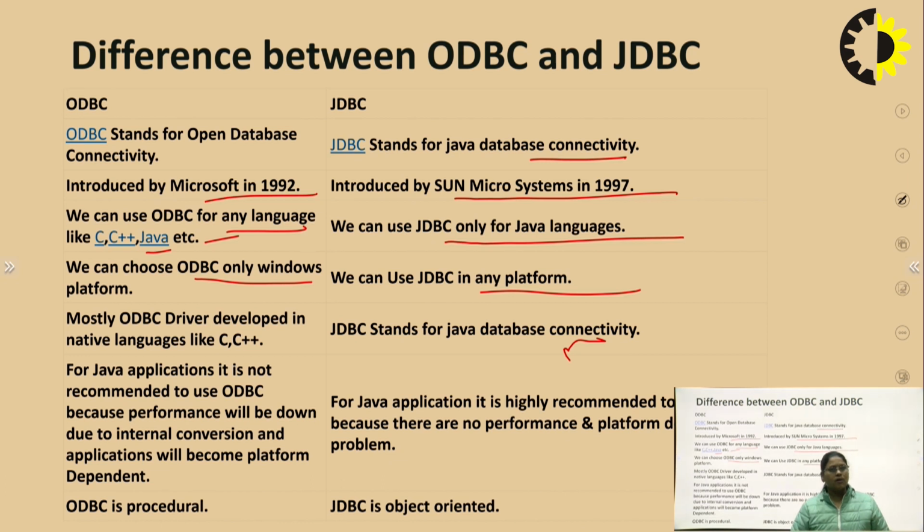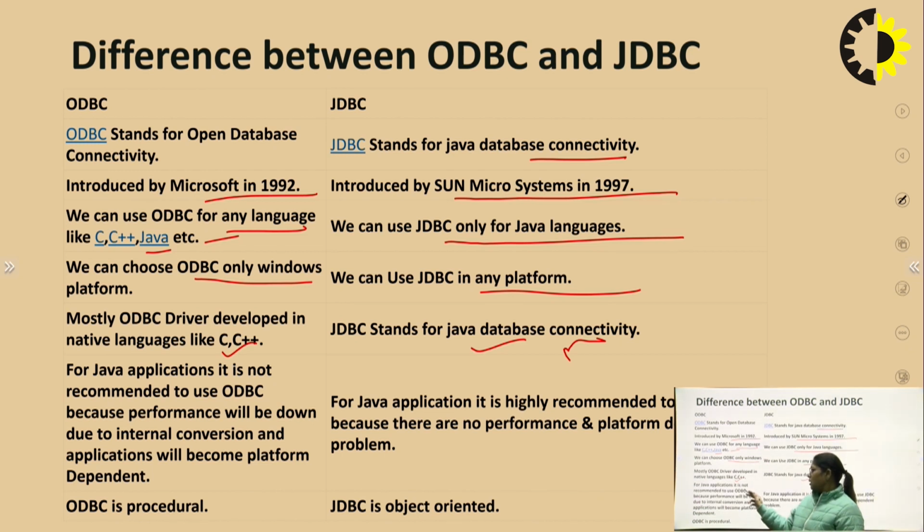We can run our applications on Windows, Unix, Linux, Macintosh, or any other platform. Mostly ODBC drivers are developed in a native language like C or C++, while JDBC is only written in Java. That's why it is platform independent.